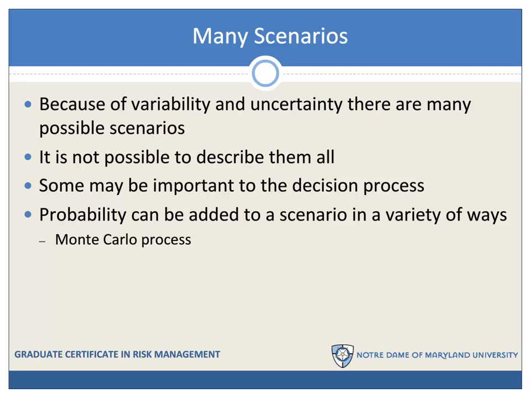But when we start to consider the values of the parameters and the inputs in those stories, that's when the numbers become unlimited, and it's not possible to describe them all. But some of them might be important to the decision process. So probability can be added to a scenario structuring tool in a variety of ways, and the one that we've been focusing on is the Monte Carlo process.